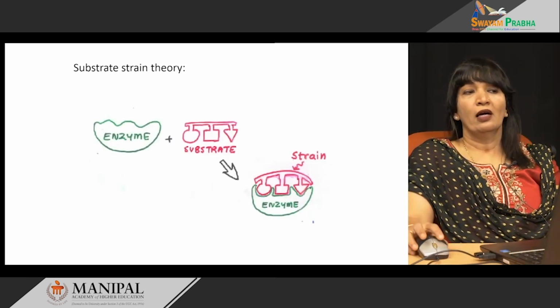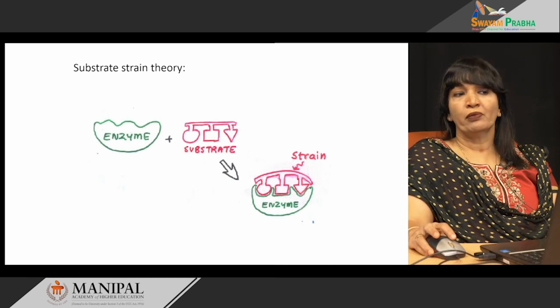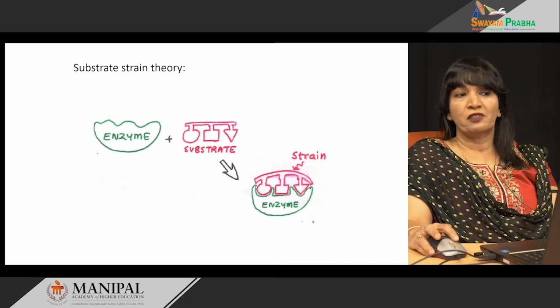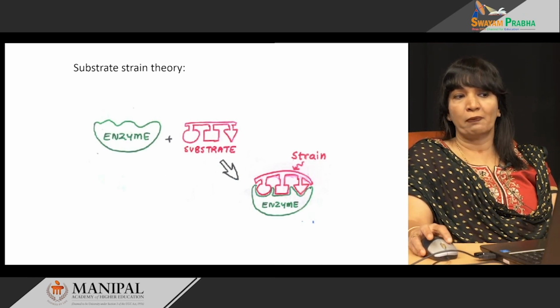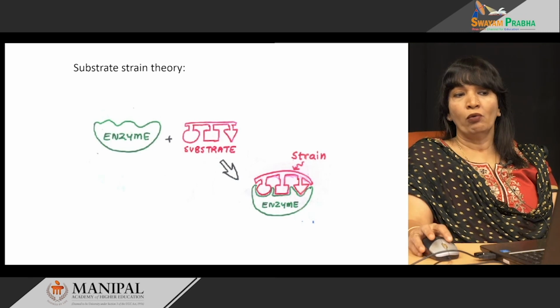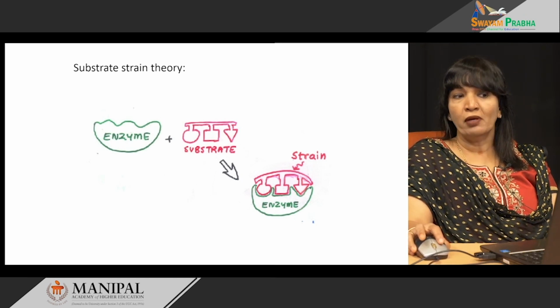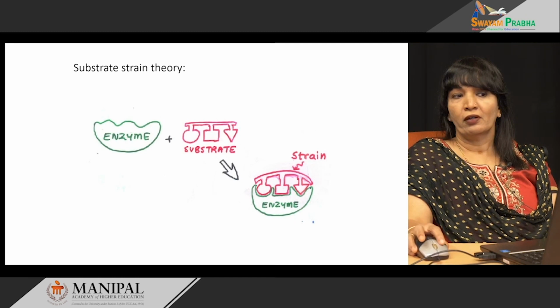See here I have an enzyme, and I have a substrate, same way it is not rigid, but you see the active site and you see the substrate here. Now, when the substrate comes and tries to fit into the active site of the enzyme, there is a strain that is being formed. Okay?